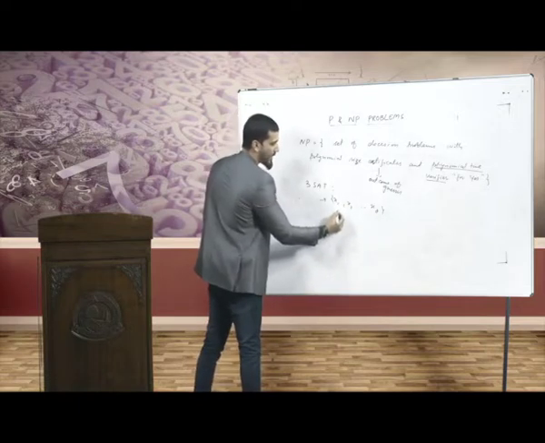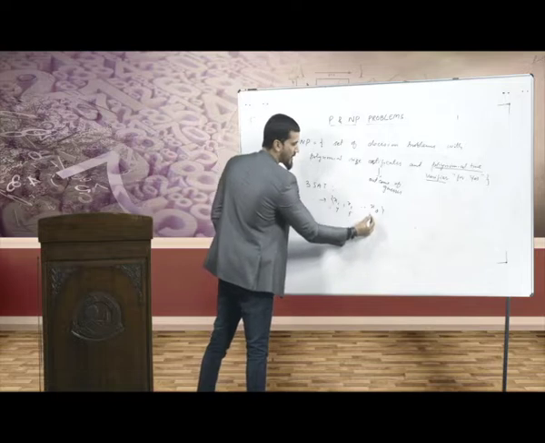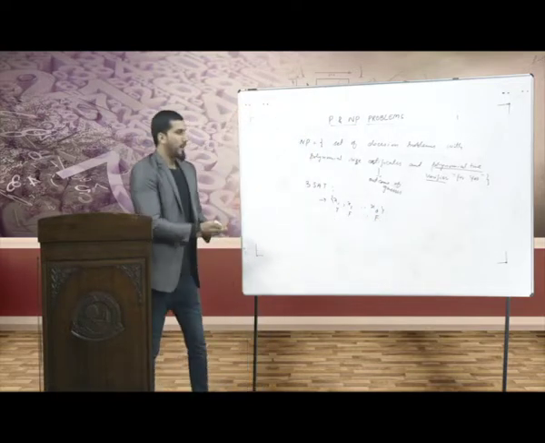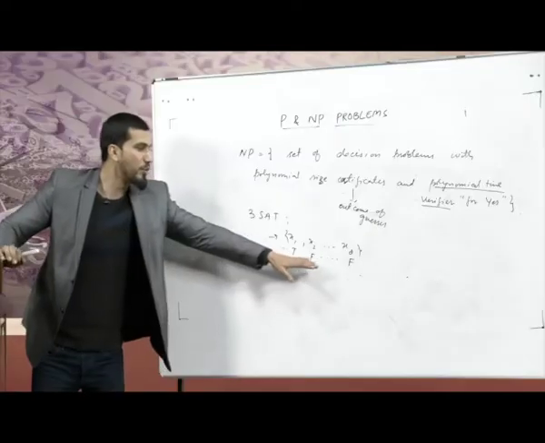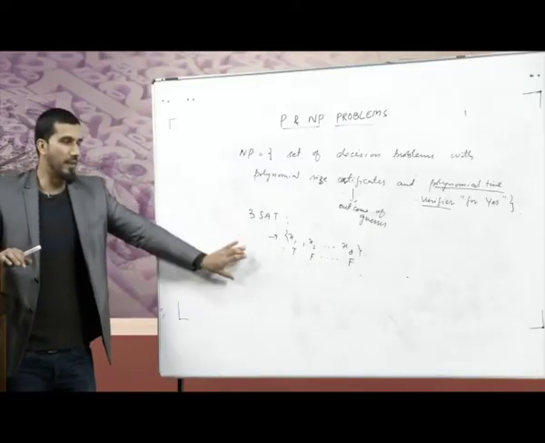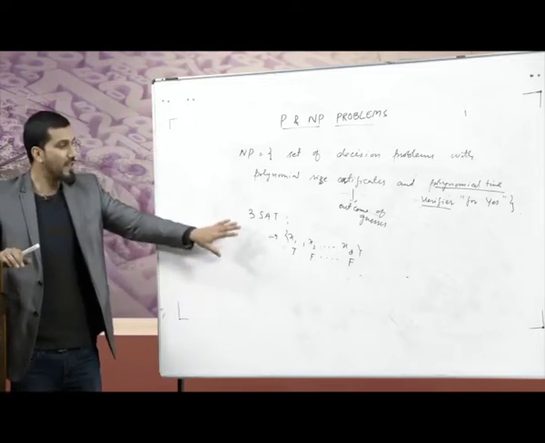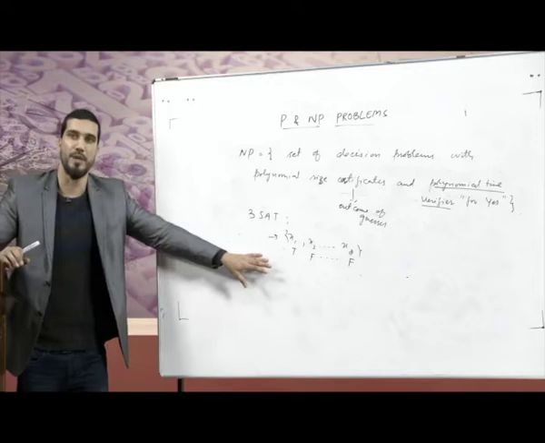Maybe he says that x1 should be true, x2 should be false, dash dash dash and x8 should be false. What I can do here is put these values in the 3 sat expression, and I can see whether these values give me the truth value for the whole expression or not.